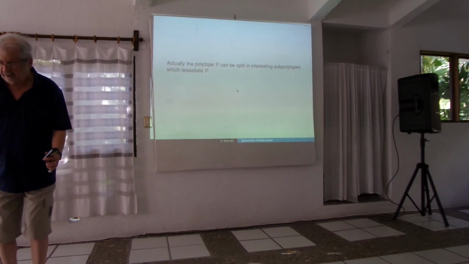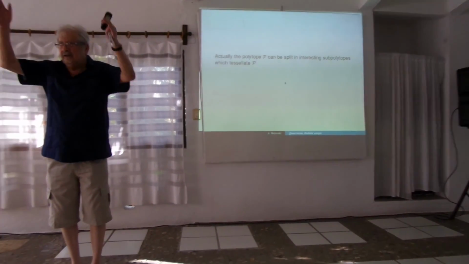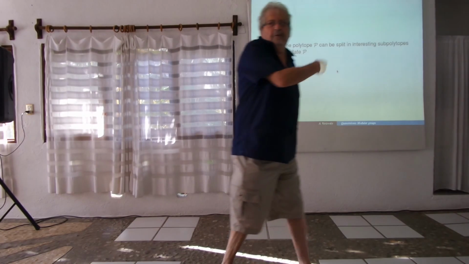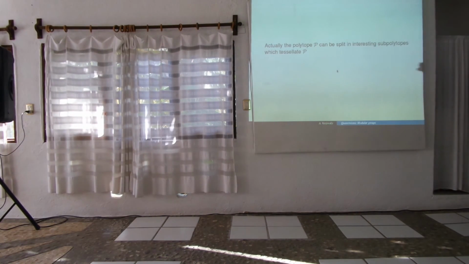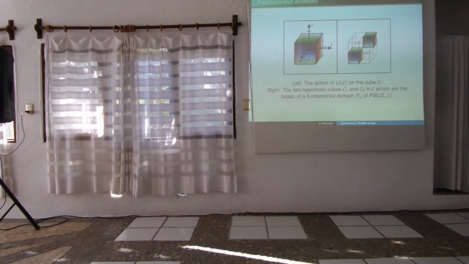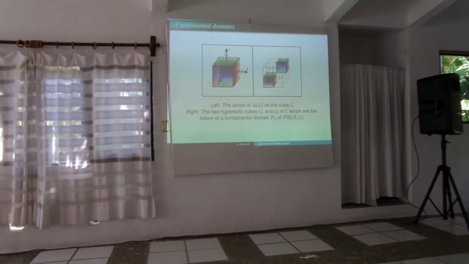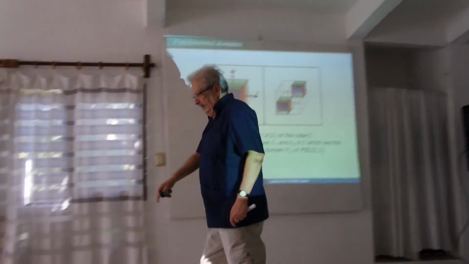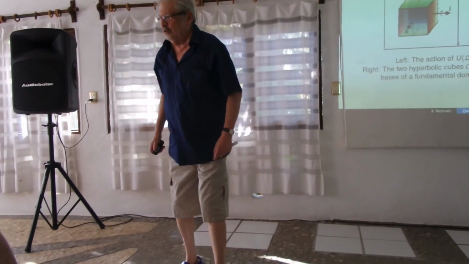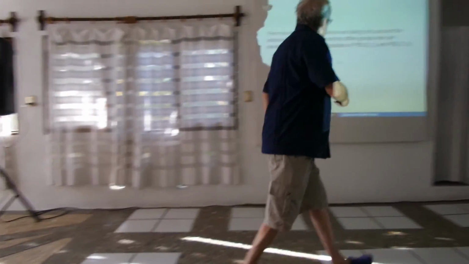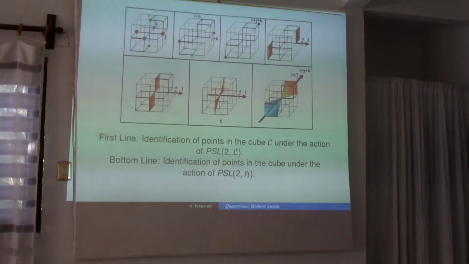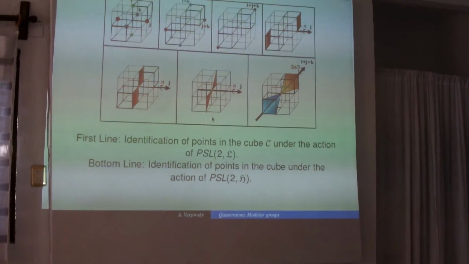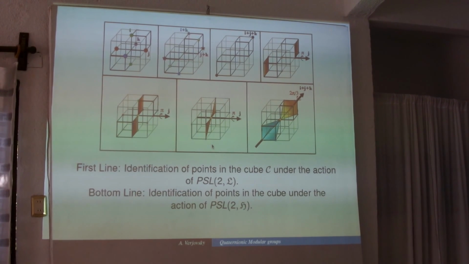This is the origin, and I take it like that, and I intersect it with the igloo, and that's the picture. Too many formulas to explain such a thing. And actually, the fundamental cube is divided into cubes. Anyhow, working hard, you find the fundamental domains like that.